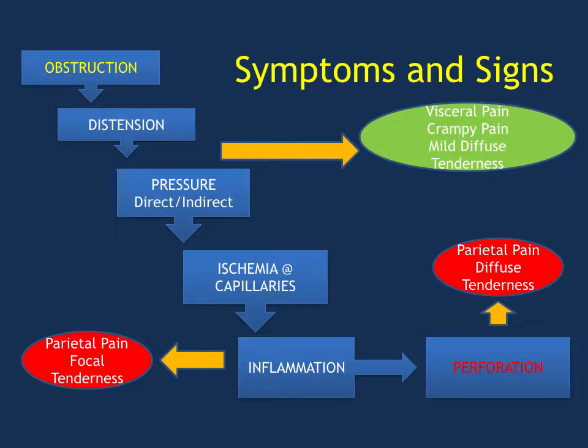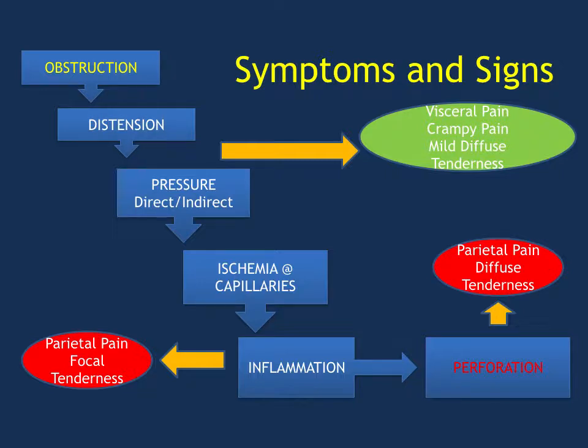Well, this is where we can go back to what we learned previously in Module 1 regarding the pathophysiology and mechanism. It's vitally important for retention and for overall understanding that our learners have a physical mechanistic way to understand an adhesive bowel obstruction. So going back, you have the obstruction, which causes distension, which causes visceral pain.